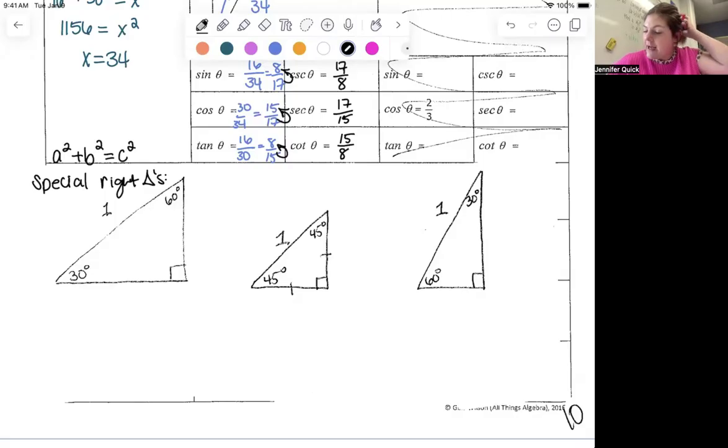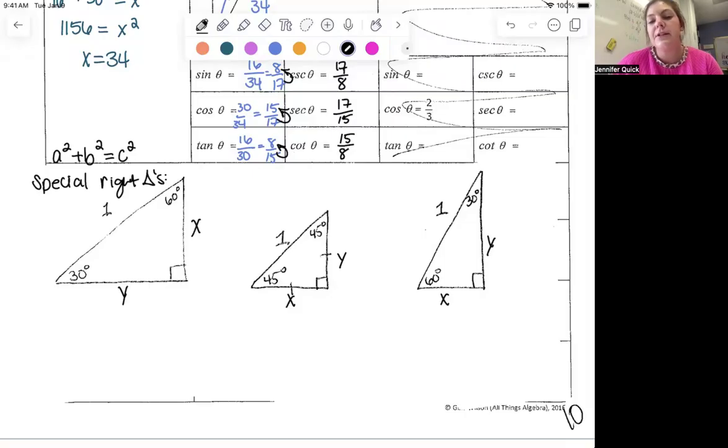But I would like for you to find the sides of all of these right triangles with the hypotenuse being 1. So pause the video and see if you can find the leg values given that the hypotenuse is 1 on the following triangles, which is a 30, 60, 90, and a 45, 45, 90. Pause it right here and we'll be back together in a minute.